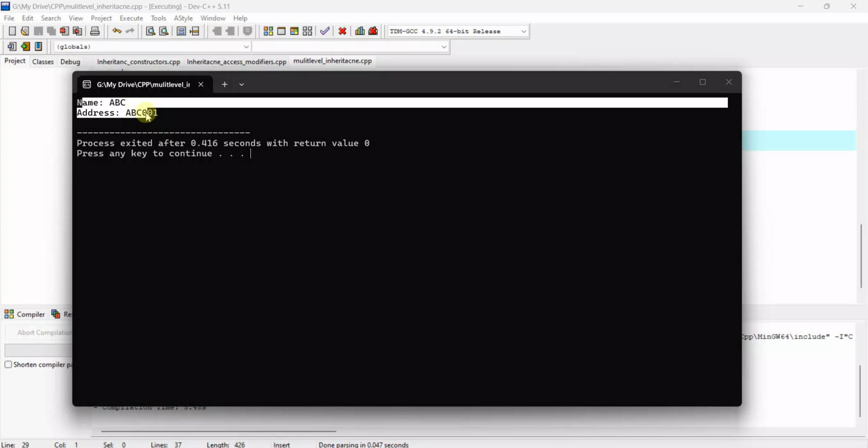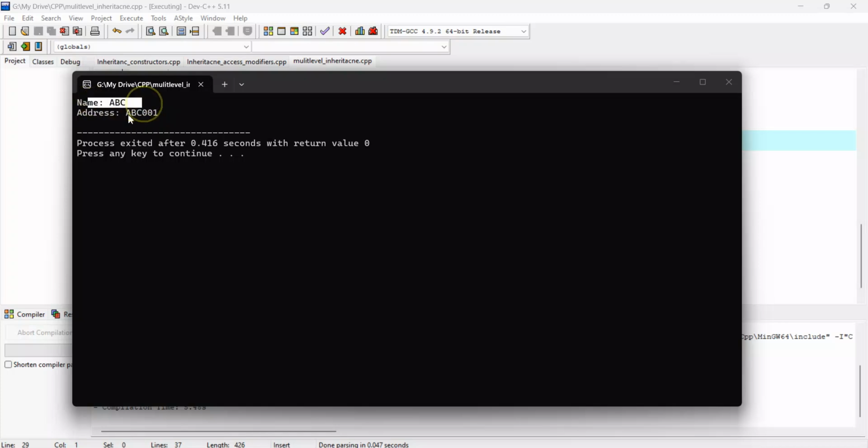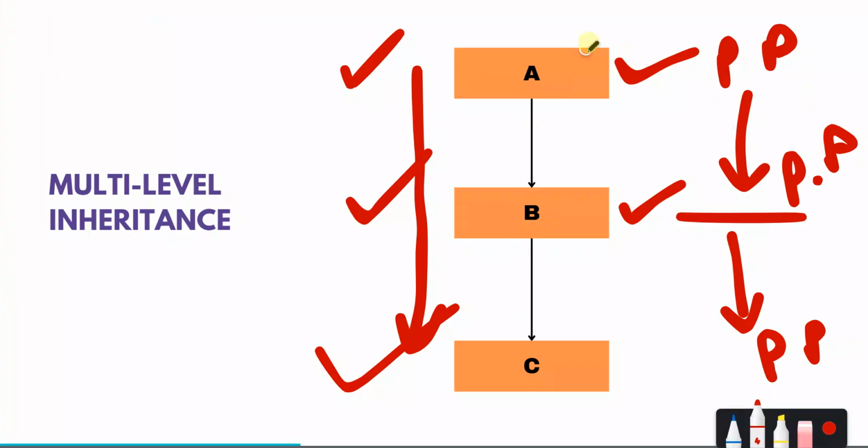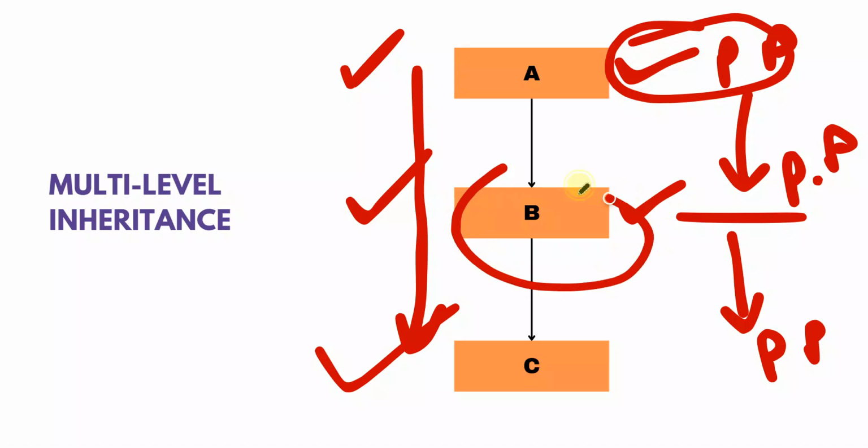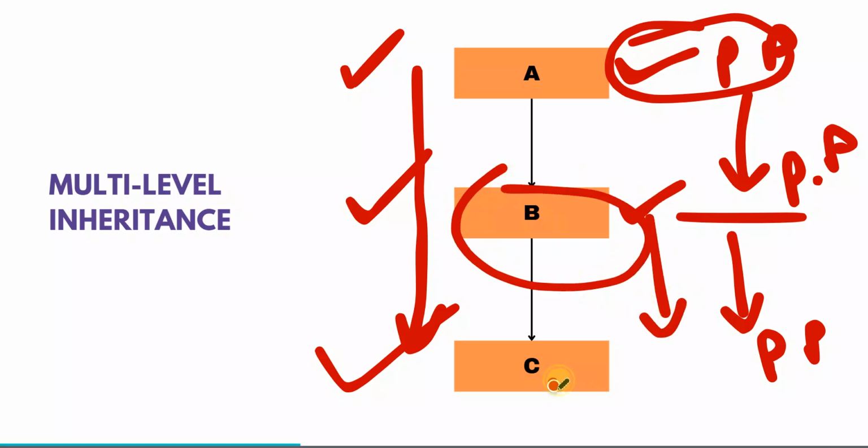So you can see that we are able to access both values, the protected one and the public one. Here you can see that all the data members which are protected and public were accessible in the B, and the same behavior follows up, and we were also able to set those values from the C. So this is perfectly working.